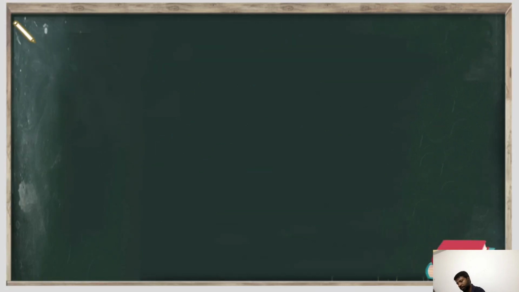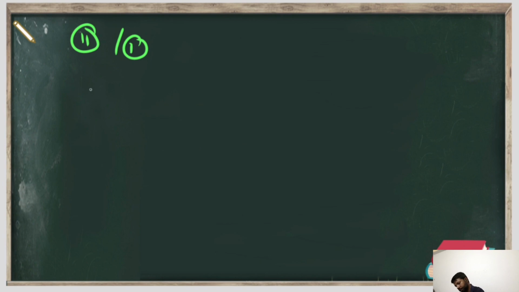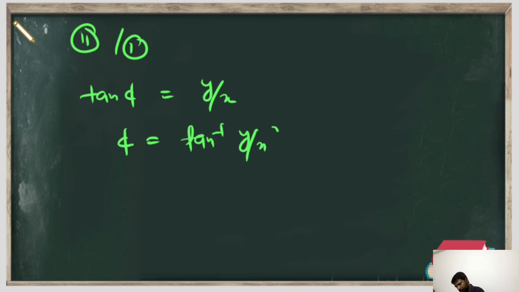If we divide the second equation by the first, we obtain tan phi equal to y by x, or phi equal to tan inverse y by x, and z is equal to z.